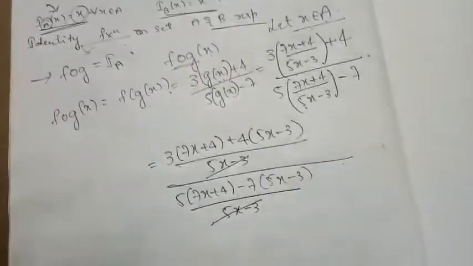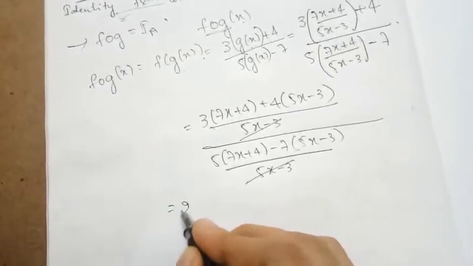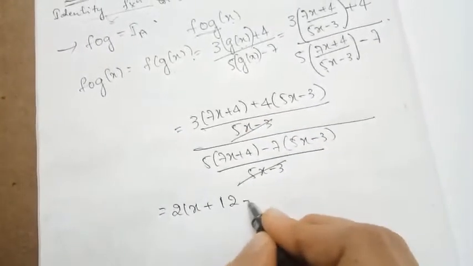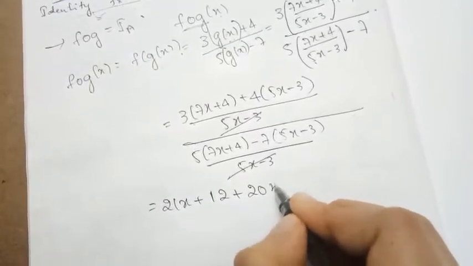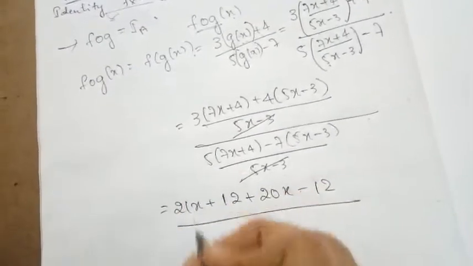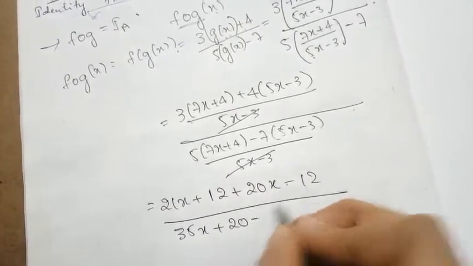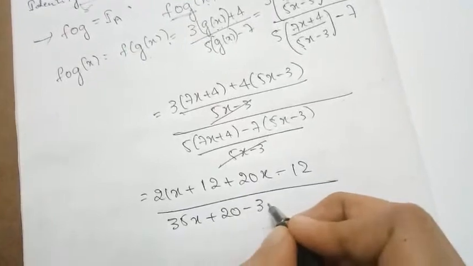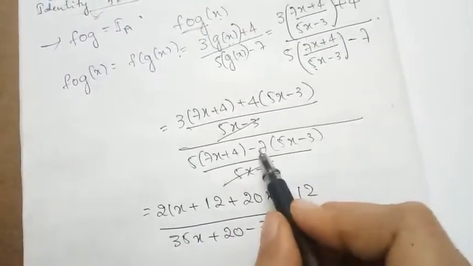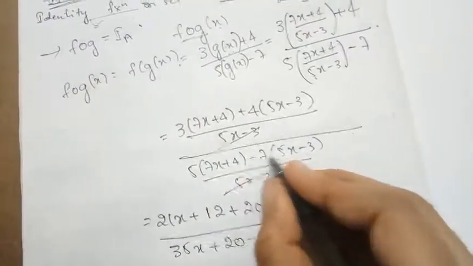Now solve this one, which is nothing but 21x plus 12 plus 20x minus 12 divided by 35x plus 20 minus 35x plus, observe here clearly, minus 7 into minus 3.